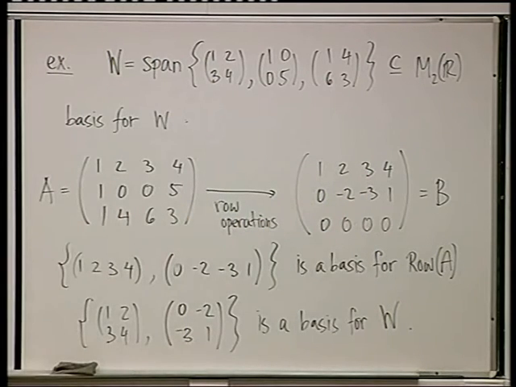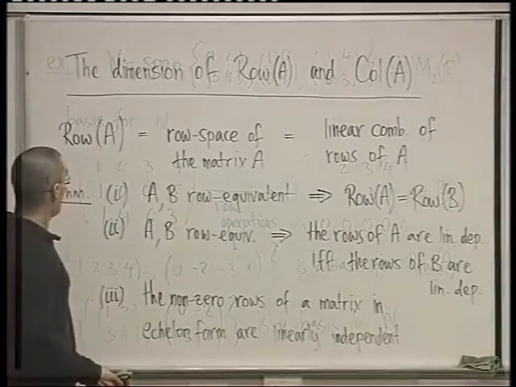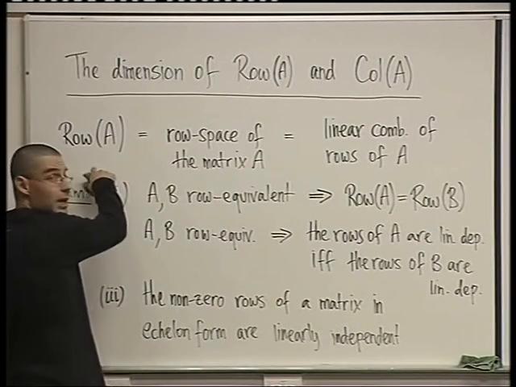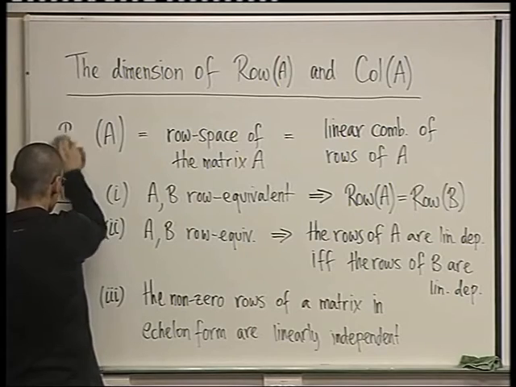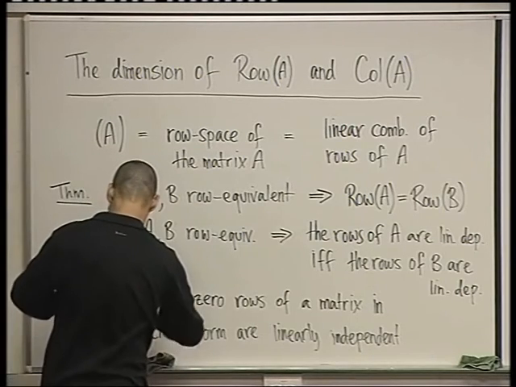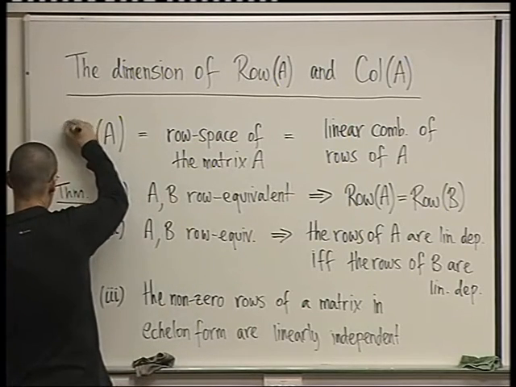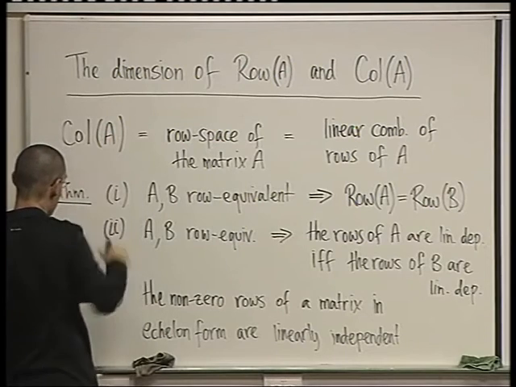Okay, so let's talk now about the columns of A. All of this discussion was related to rows. Now let's talk about the column space of a matrix. I want to write first the definition, and I'm not going to erase everything purposely.